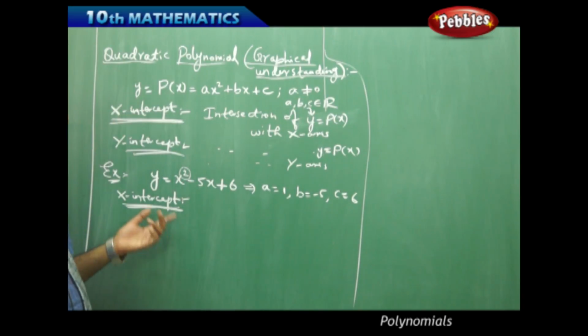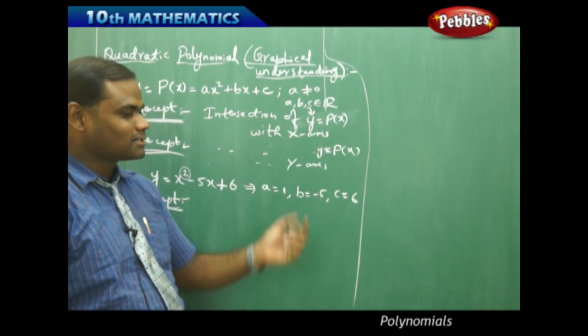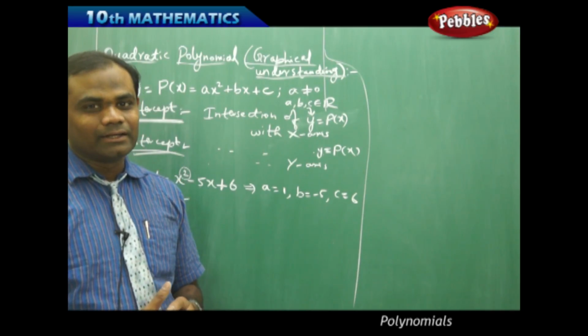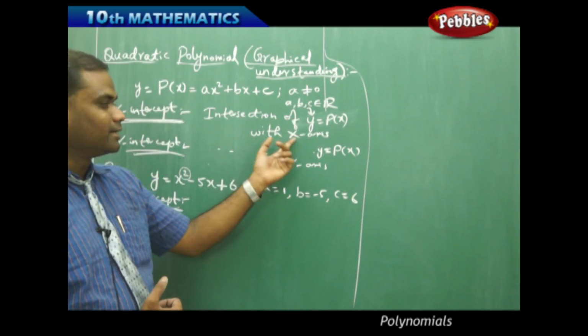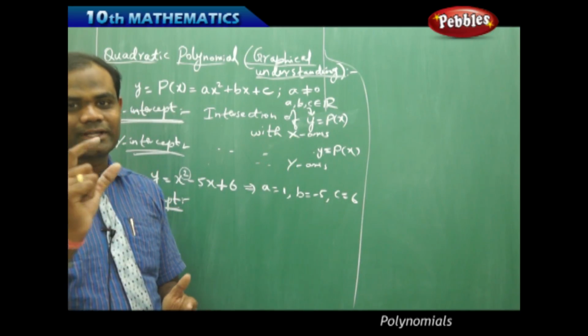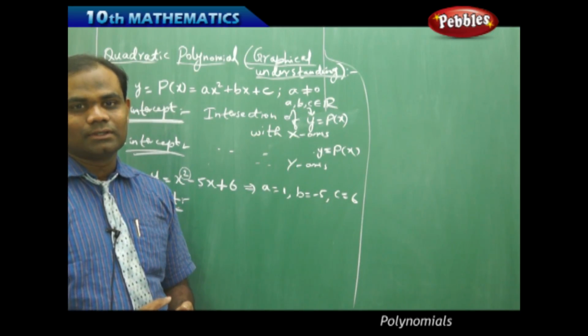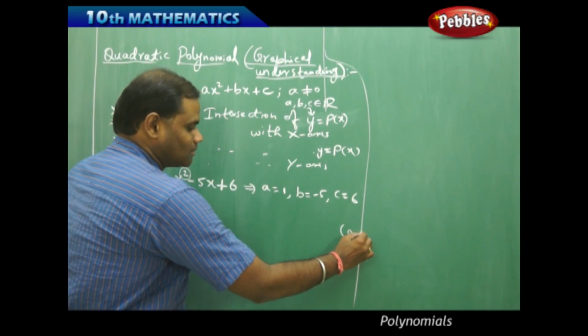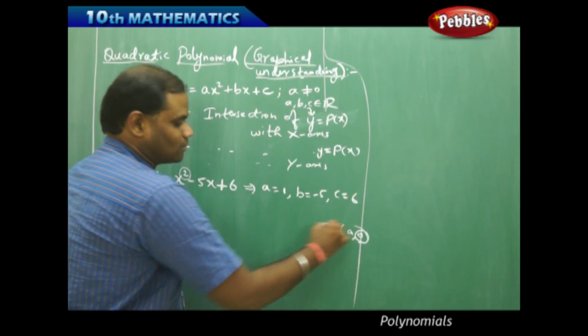As we have seen, the definition of x-intercept here is the intersection of the polynomial with x-axis. Then clearly the points I obtain in the intersection would be when I substitute y equal to 0, because every point on x-axis has y as 0. The point on x-axis always is of the form a, 0.